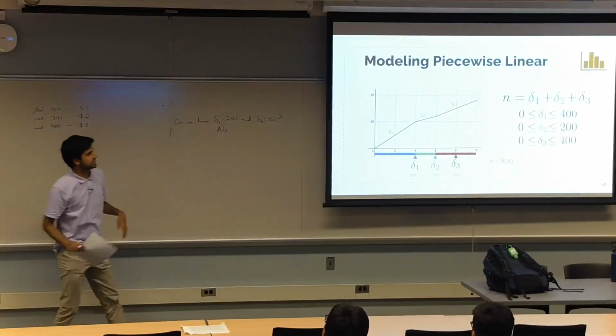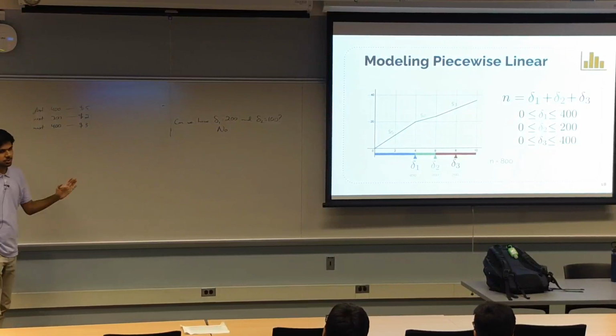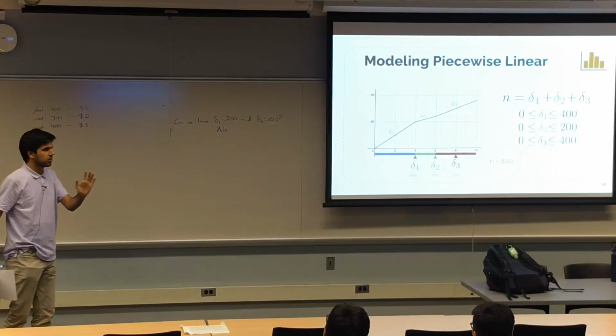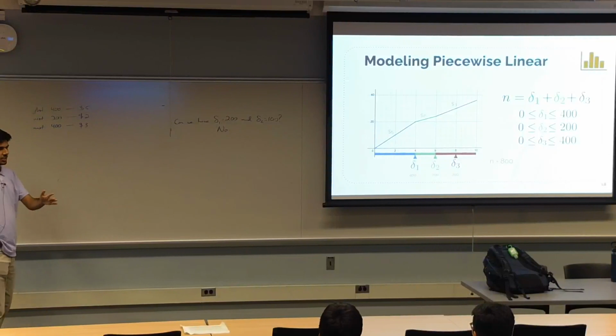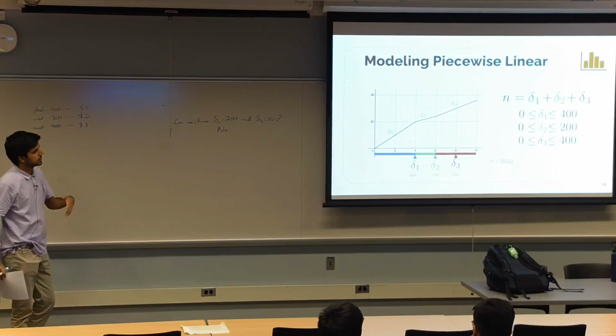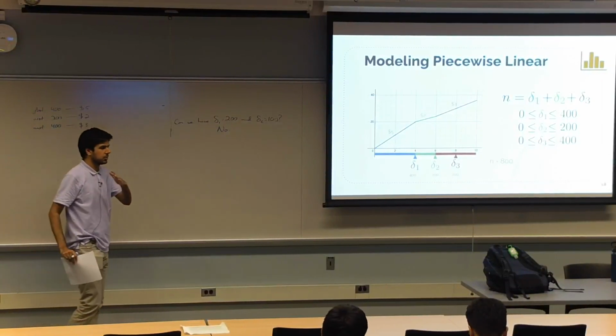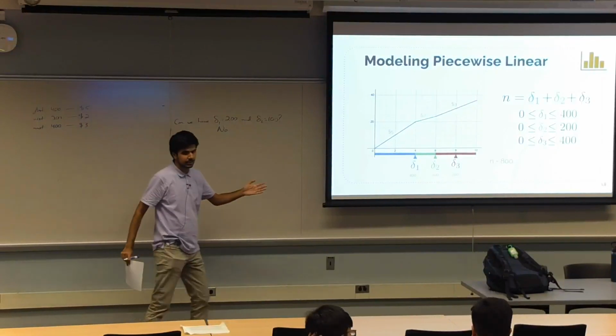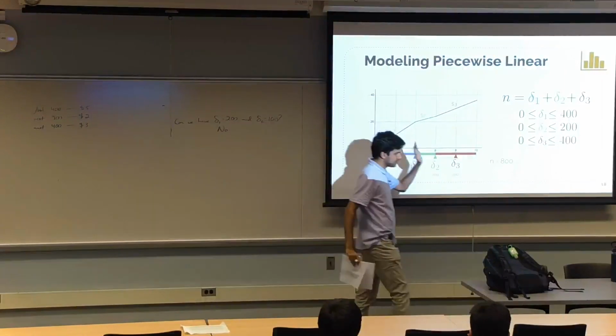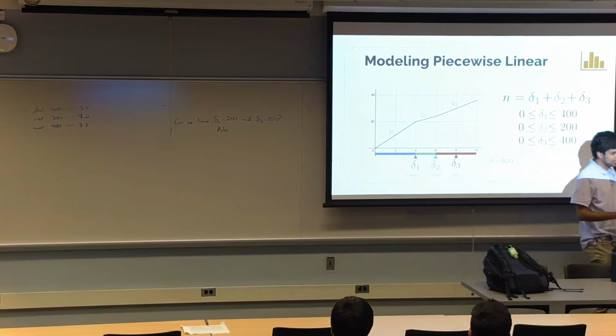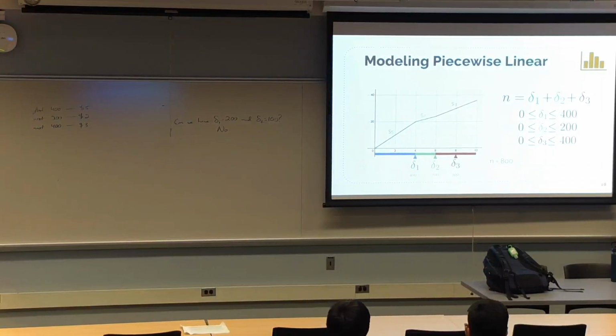So a bit more succinctly, delta 2 is only able to move once delta 1 has reached its maximum. And similarly, delta 3 is only able to move once delta 2 has reached its maximum. So yes, these are just our starting constraints. We just have to codify everything that we've just mentioned.